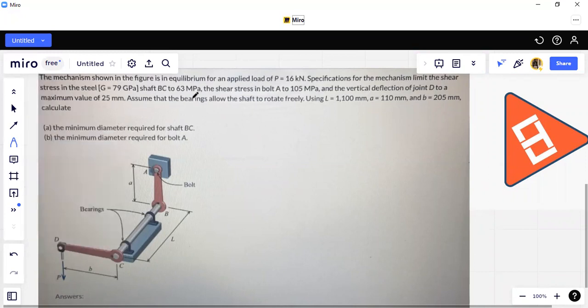Now let's see what is given in this question. This mechanism is in equilibrium. We have the applied load that is 16 kilonewton. The specification for the mechanism limits the shear stress in the steel.